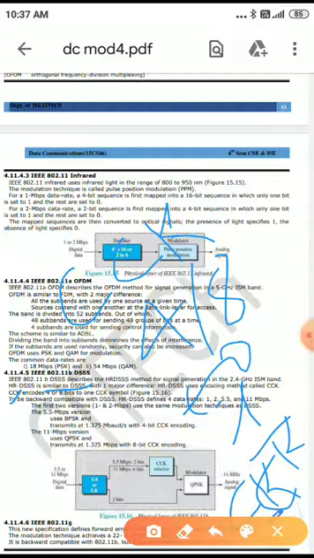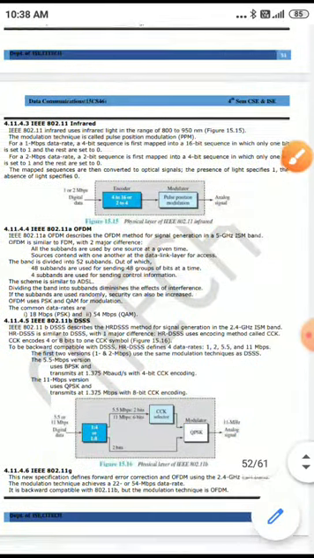Here they are telling that CCK encodes 4 or 8 bits into 1 CCK signal. You can see that these bits are converted into 1 CCK symbol.